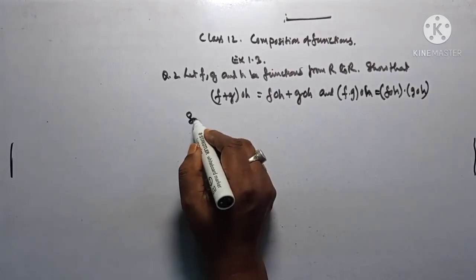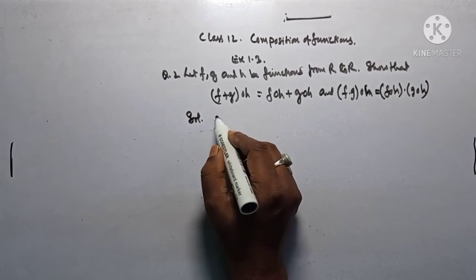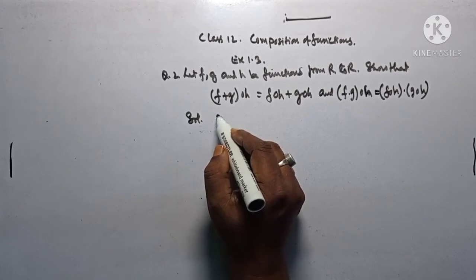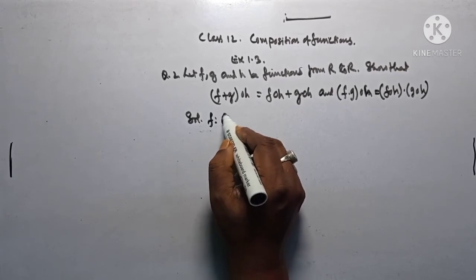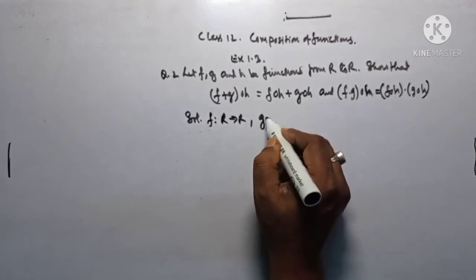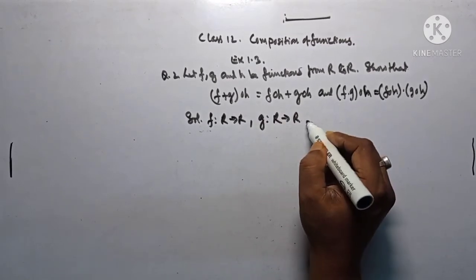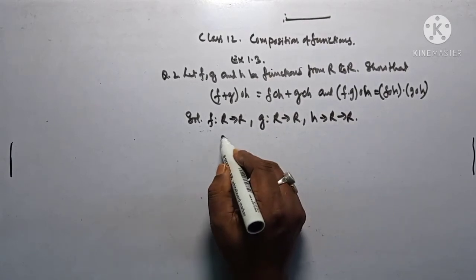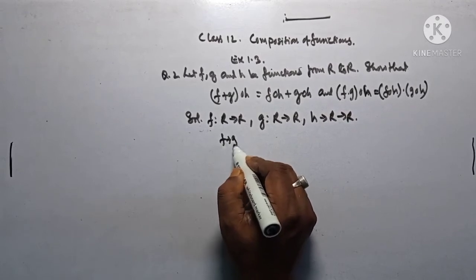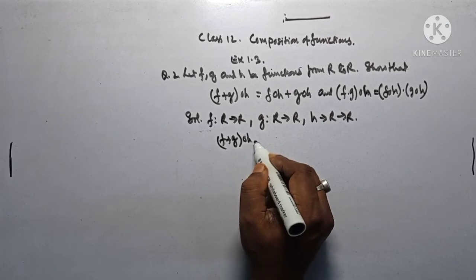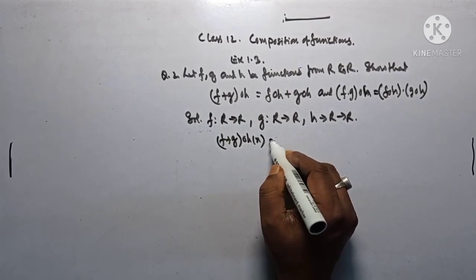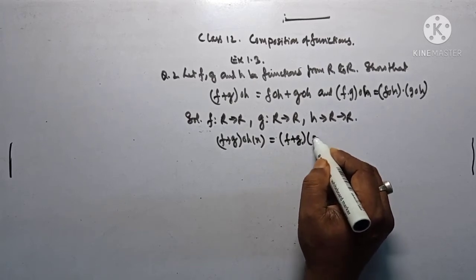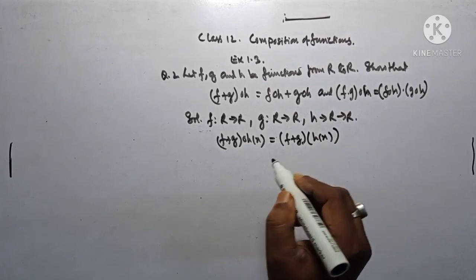So here, solution: your f function is given from R to R, your g function is also given from R to R, and your h function is also given from R to R. Now (f + g) o h at x, we can write as (f + g)(h(x)).